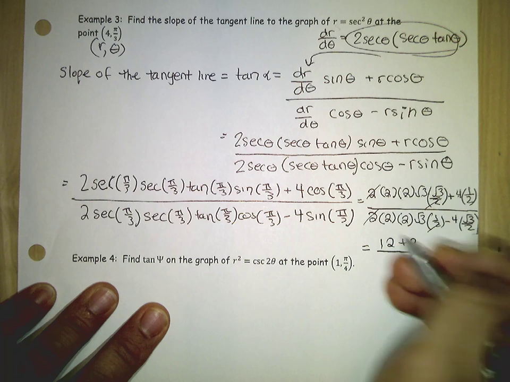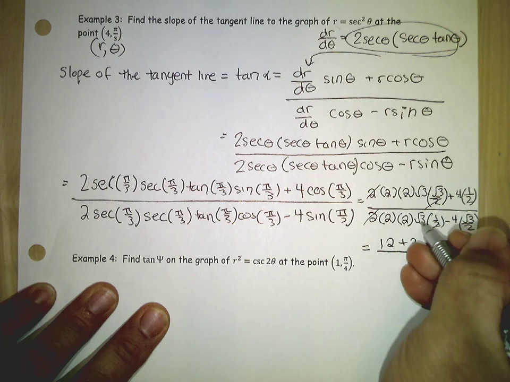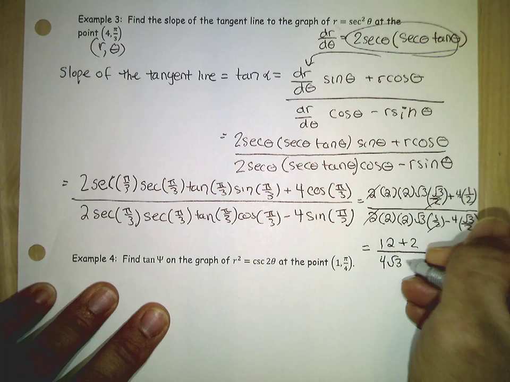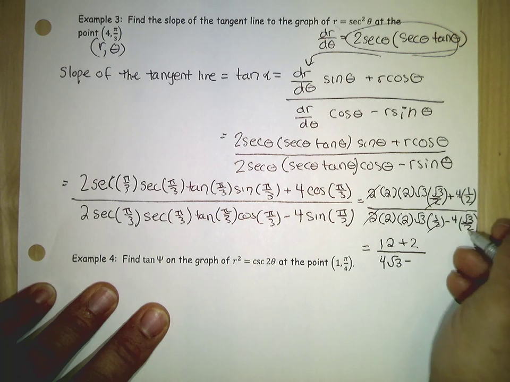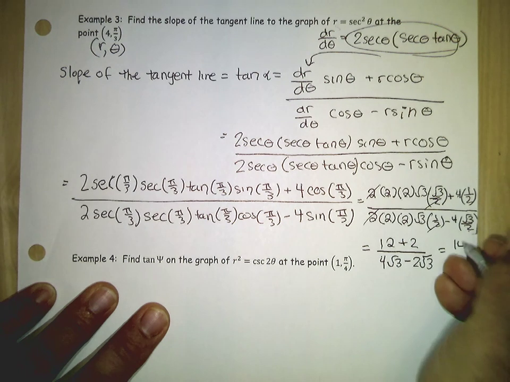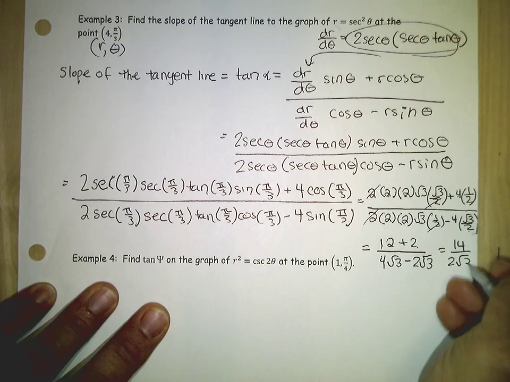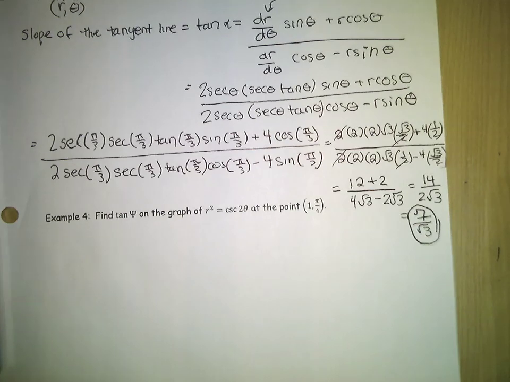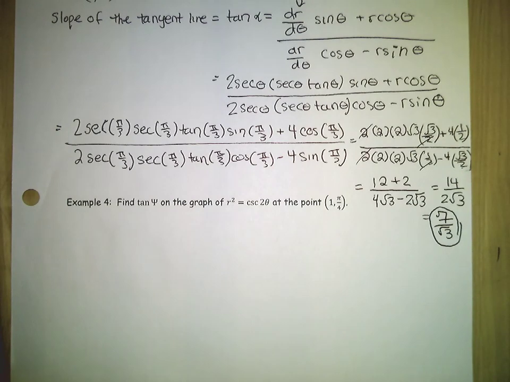Then we have, let's see, 2 times root 3, that's 4 root 3, and minus 4 times root 3 over 2, or 4 divided by 2 is 2, so minus 2 root 3, so this is 14 over 2 root 3, or 7 over root 3. What a time to be alive. So that is the slope of the tangent line to the graph of r equals secant squared theta at the point 4 pi over 3.